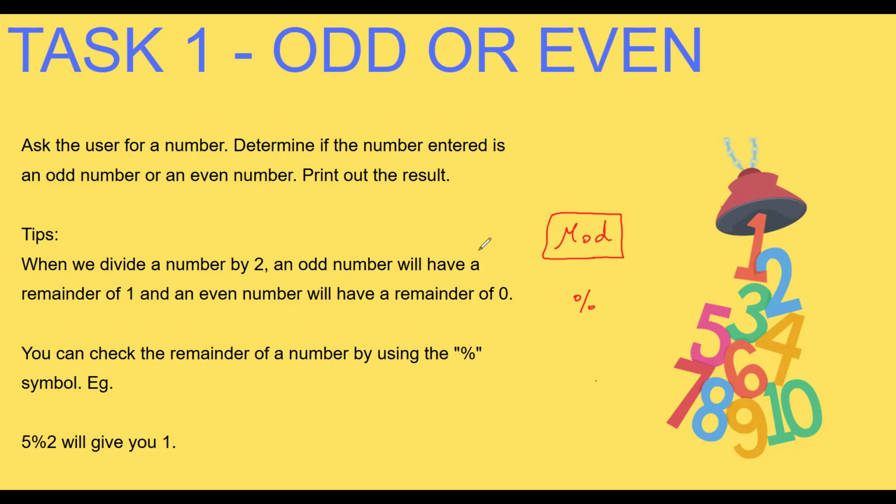Okay. So this exercise, or the task, is telling me that I would like to make the user enter a number, and I will save that number to a variable. And then I want to make use of the modulus to know if the number that the user inputted is an even or an odd number.